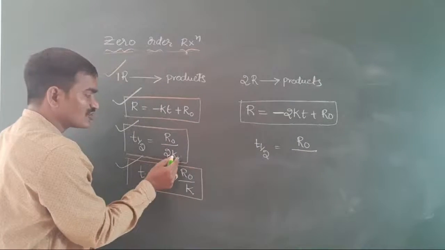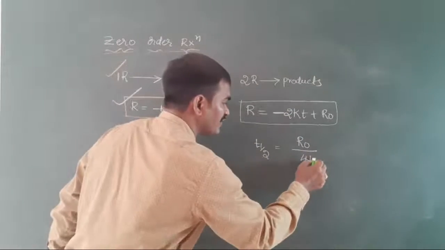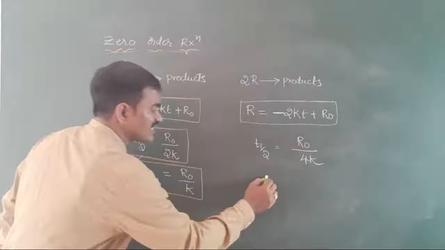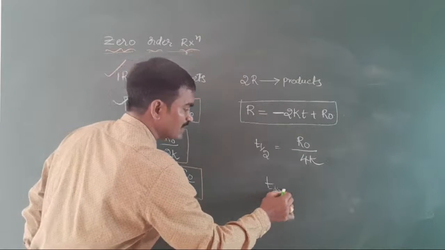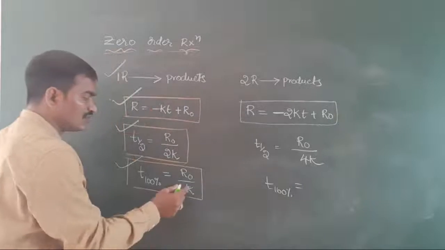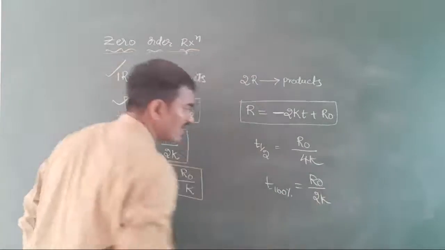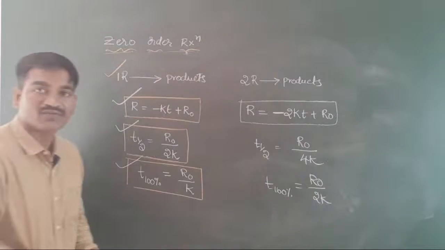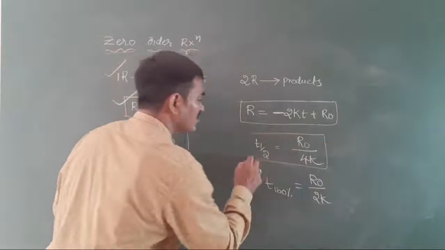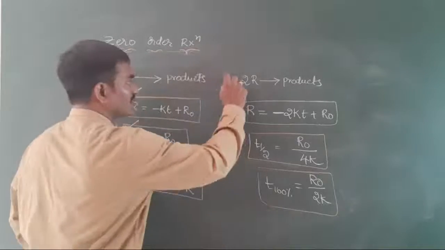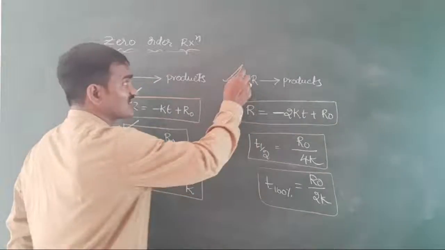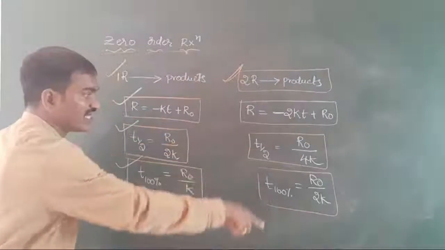Same thing here also, 2k into 2, 4k. Now here you see t lifetime 100% is equal to R naught by 2k. This is for these expressions. If the zero order reaction is given like this, you have to take these expressions.